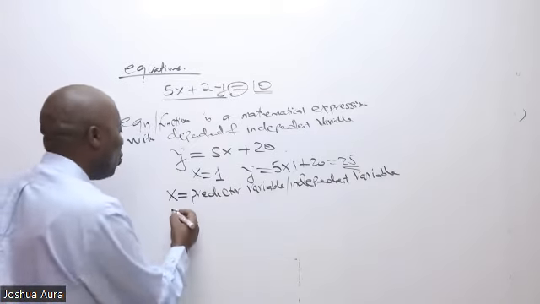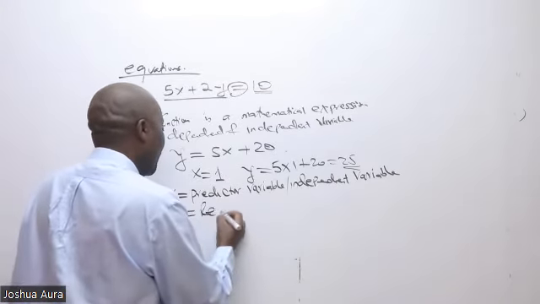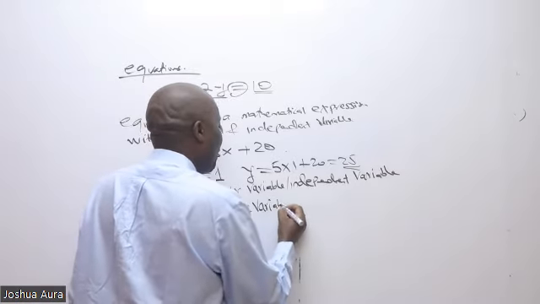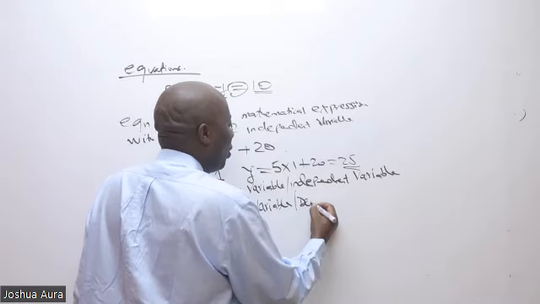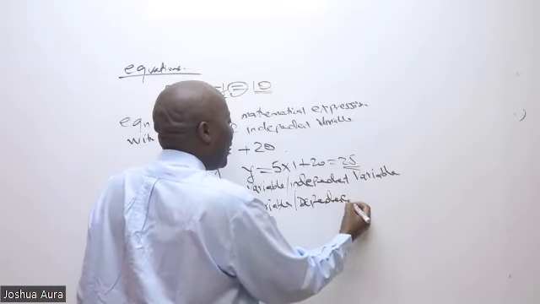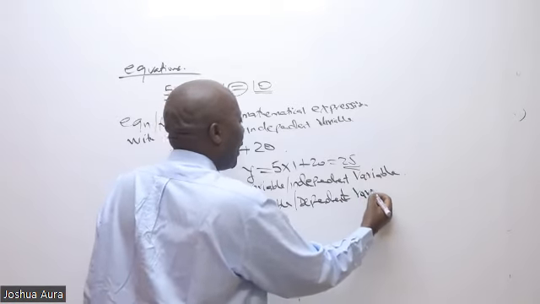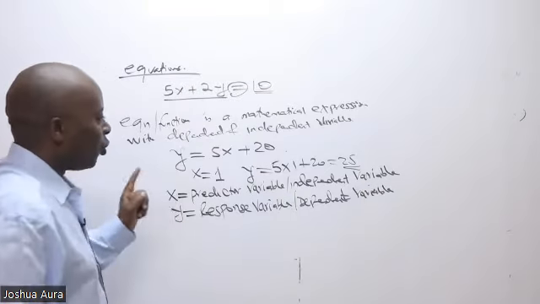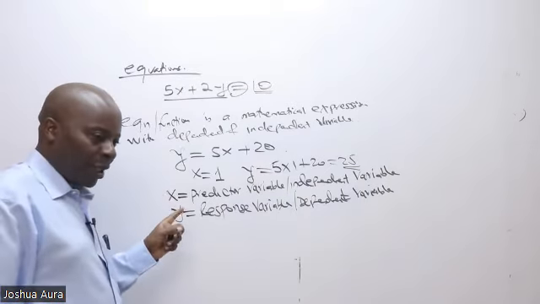And then we have y here, which we are calling a response variable, or a dependent variable. Basically, y is responding to x.